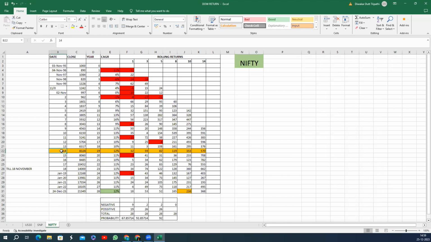One thing which I would also like to share is that this is a development period where people have started choosing a government which has worked for development. You can see when the Modi government came, the index was 8,000. Nifty, which is represented by the National Stock Exchange, today, on 24 to 25 December 2023, is at 21,000.